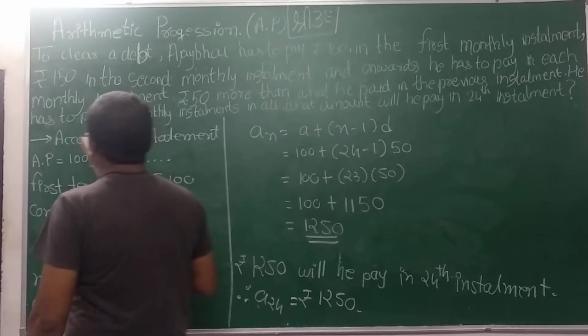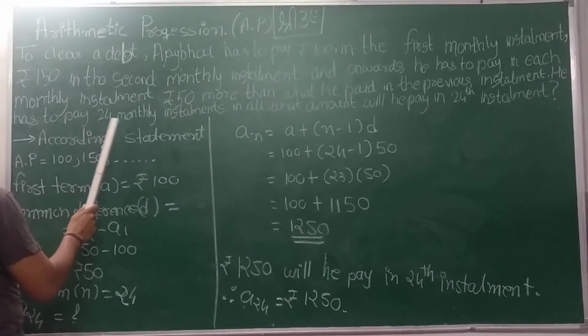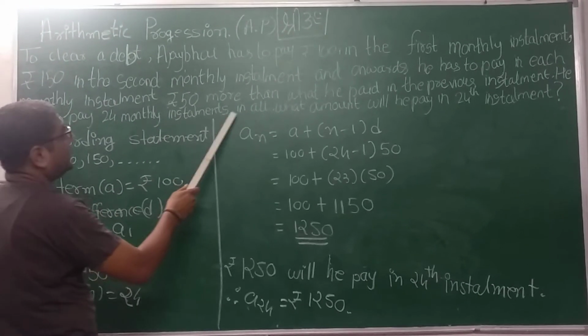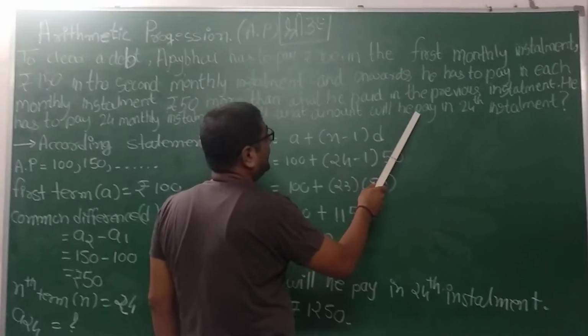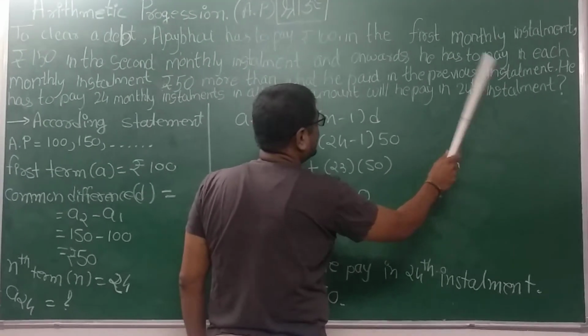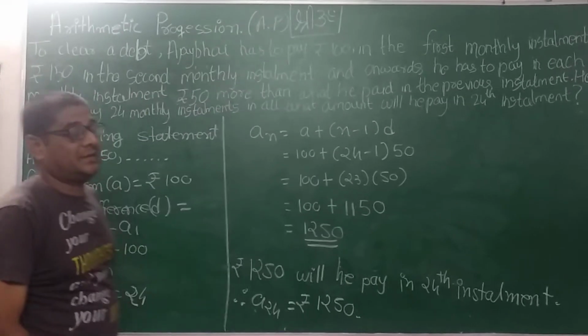He has to pay 24 monthly installments in all. What amount will he pay in the 24th installment? This is the statement.